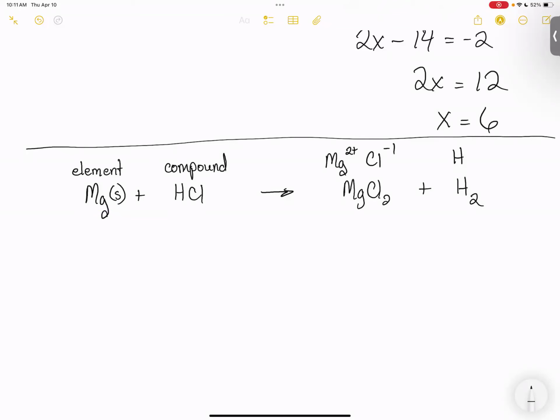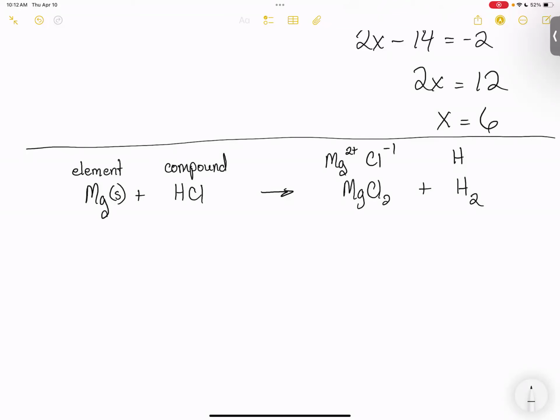Blue means that it's a liquid, and red means that it's a gas. So number 1, it was a strip of magnesium that you used in the laboratory, but number 2, if you're looking at it on an exam, you're like, okay, what state of matter is it? Look at the periodic table if it's all by itself.